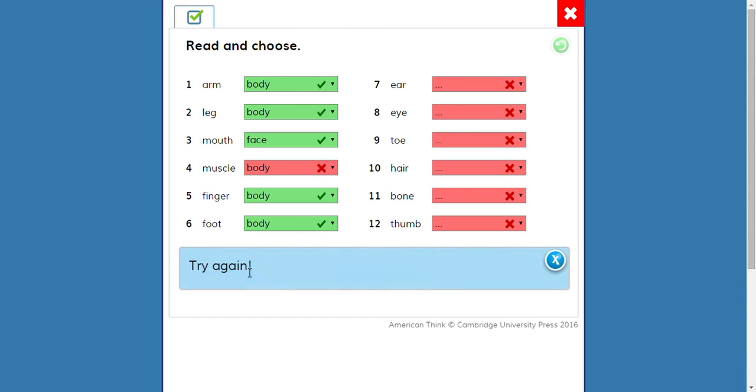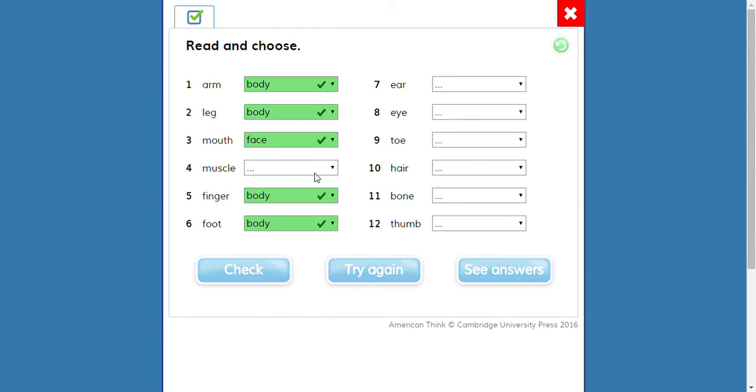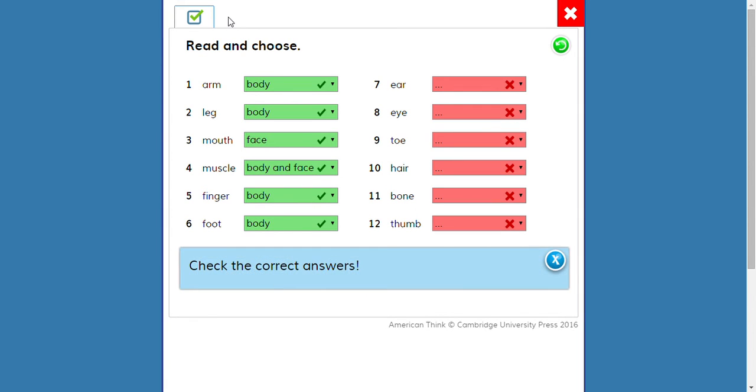1, 2, 3. Ooh, muscle. Okay, muscle is like in Spanish músculos. You have muscles in all your body. So, body and face. Now let's see if that is good. The body and face. Okay, yes, that's right. So you have 12, no? In this case, you have 12 parts of the body. You need to put them in the correct place.